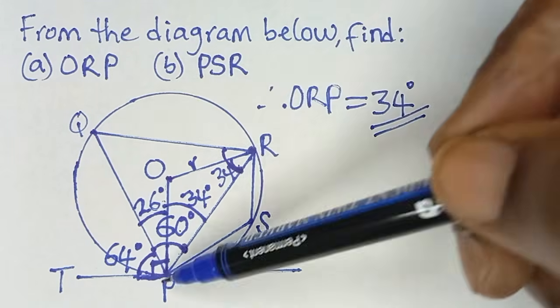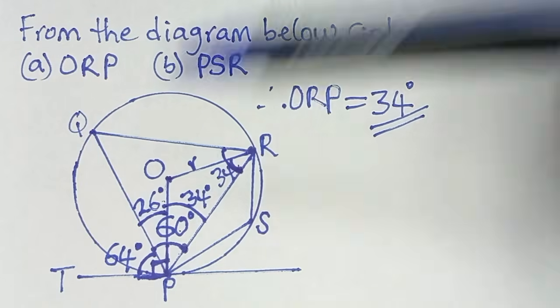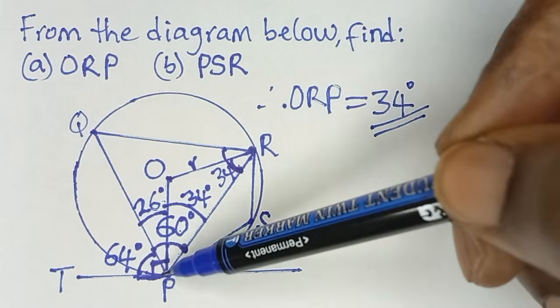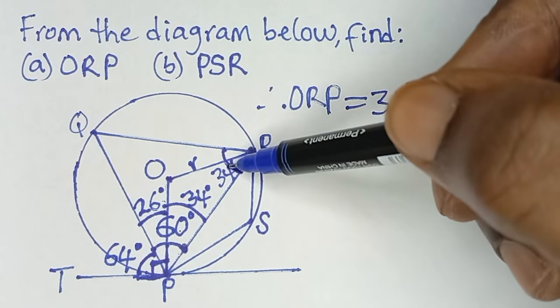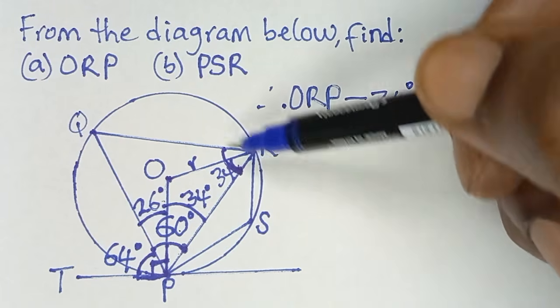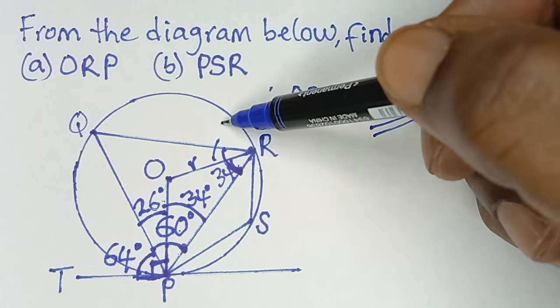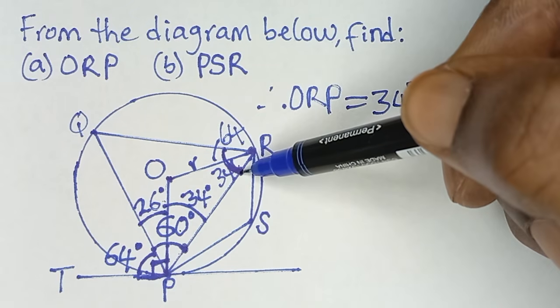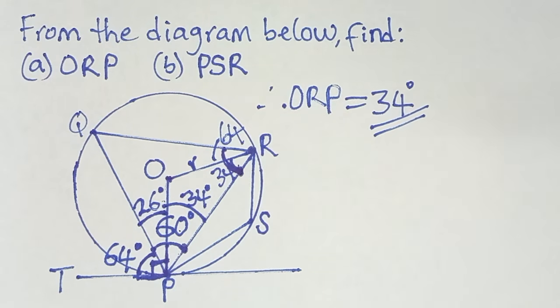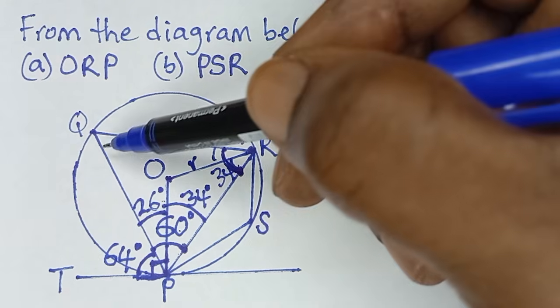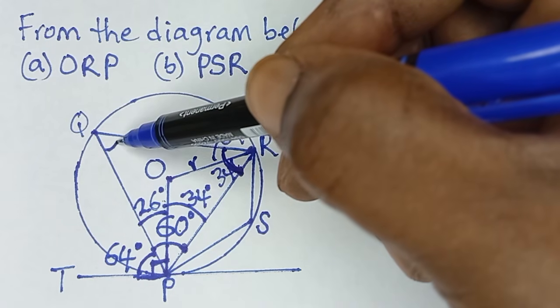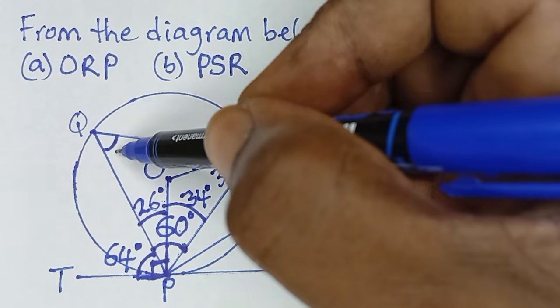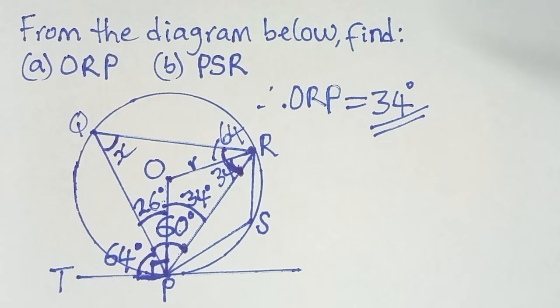Because QP is making 64 with the tangent, in the same way, QP is going to make 64 degrees inside this triangle. So the whole of this angle is 64. Then we can find this other angle here. Let me call it X.